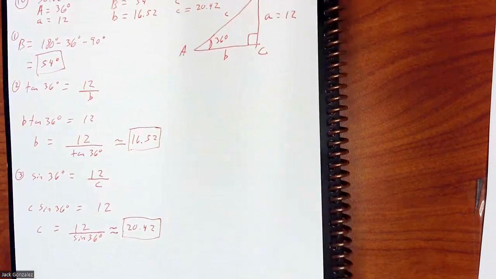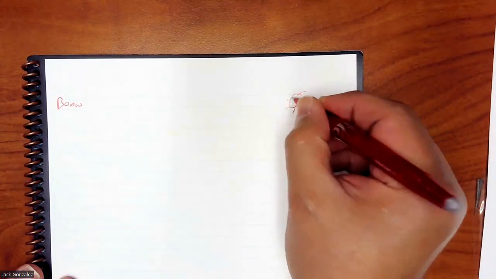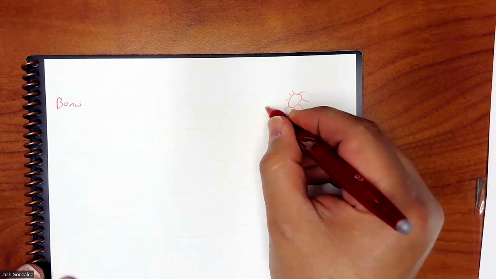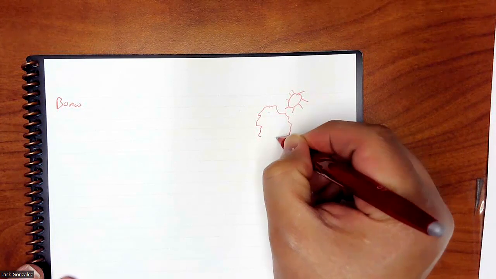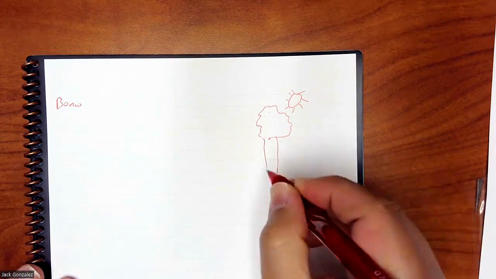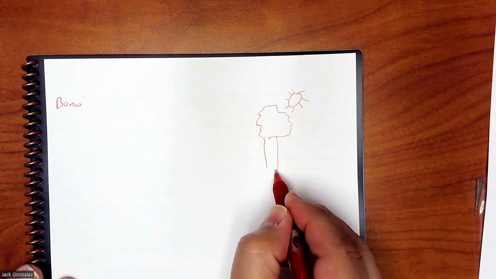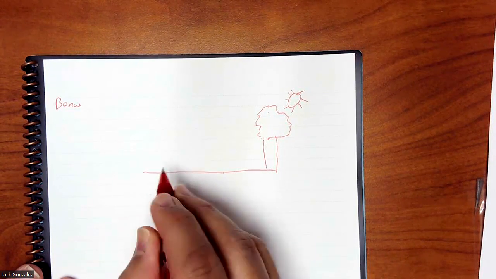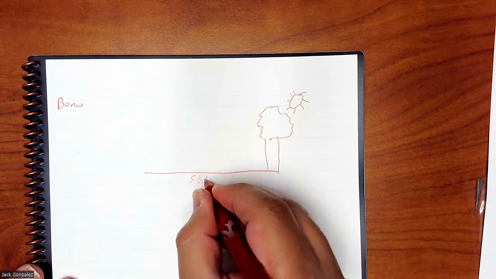Okay. So this is what I'm picturing. Got some sun over here, got some tree casting a shadow. Since the sun's behind the tree, the shadow extends this way. 532 feet.